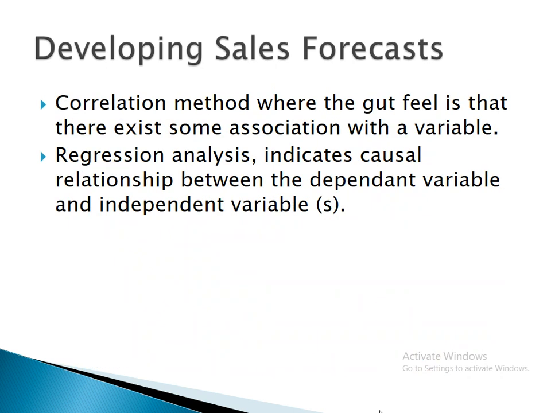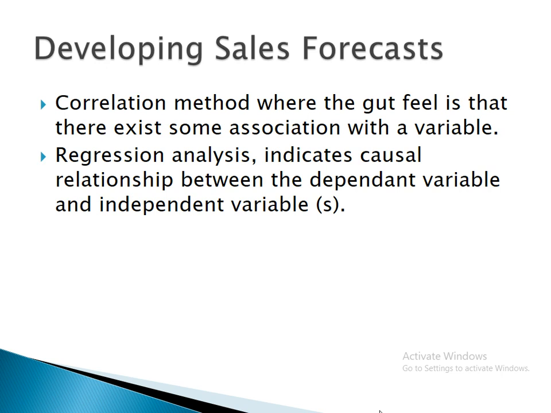Correlation method: here the gut feel is that there exists some association with a variable. Regression analysis indicates a causal relationship between the dependent and independent variable. So marketers will generally use more than one method at a time to develop a sales forecast, depending on the type of the organization.